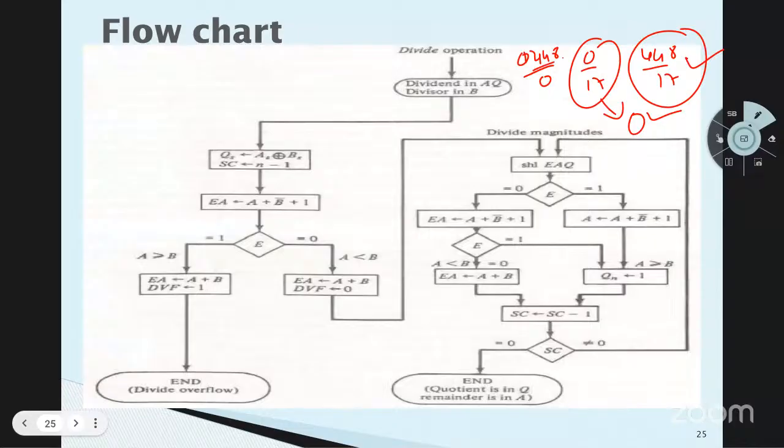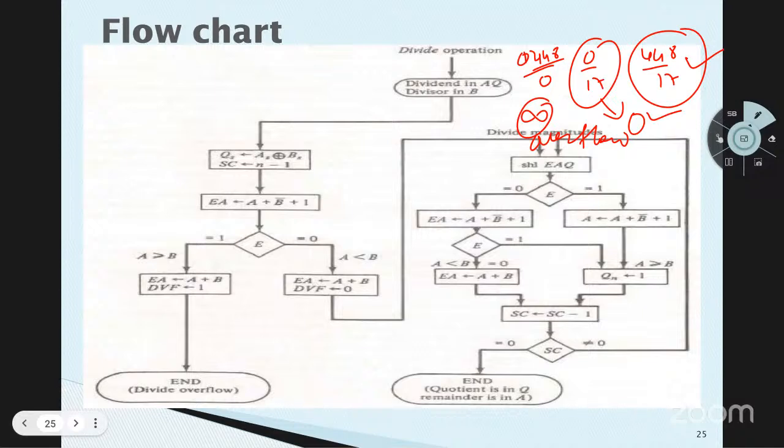And 448 by 0, something by 0, is infinity. Infinity means overflow.